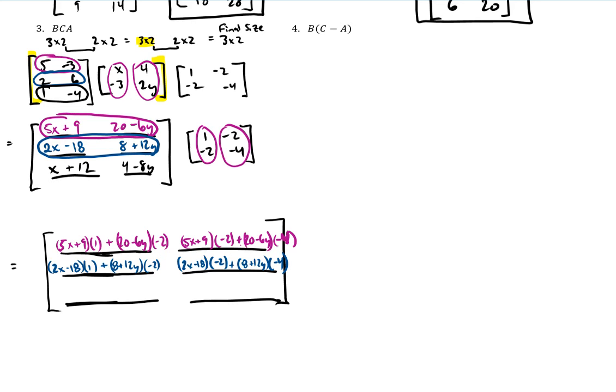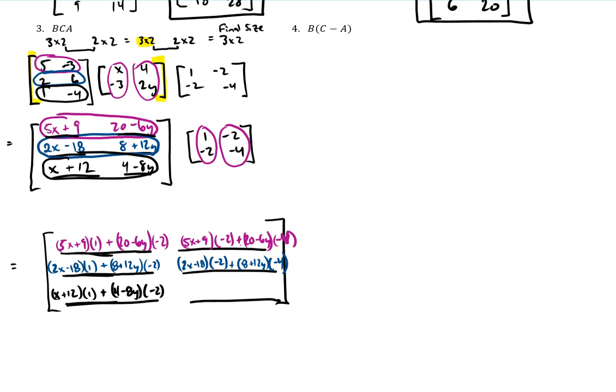Okay, so we've got, again, it's going to get messy here, but so far this is as good as it gets. And then now let's take this last row and multiply. All right, so our last row multiplies each of those columns. So we have x plus 12 times the 1, and then plus the 4 minus 8y times that negative 2.